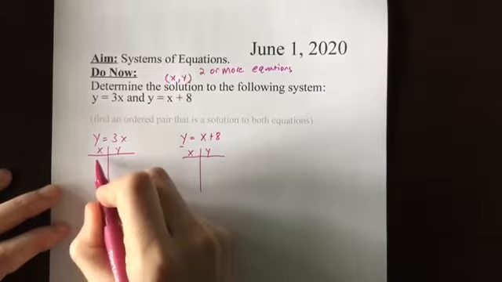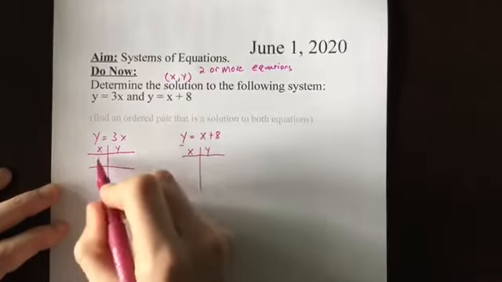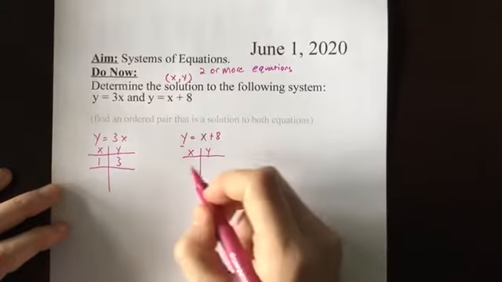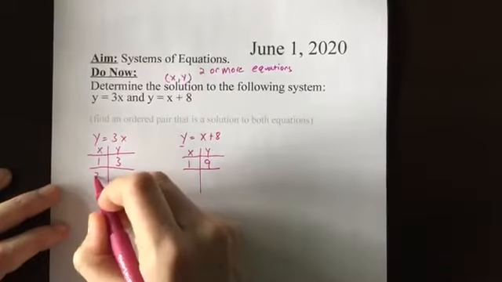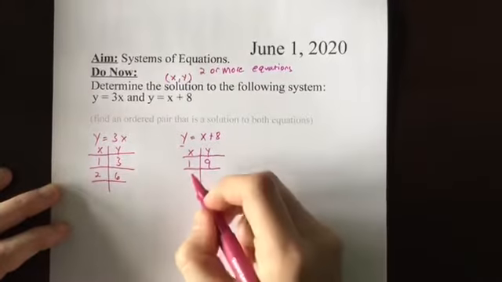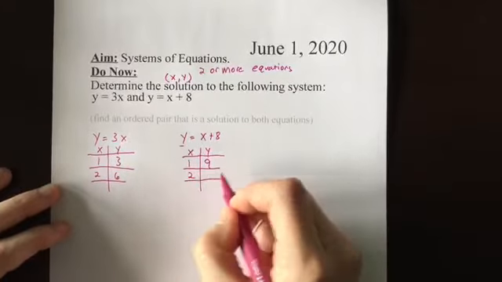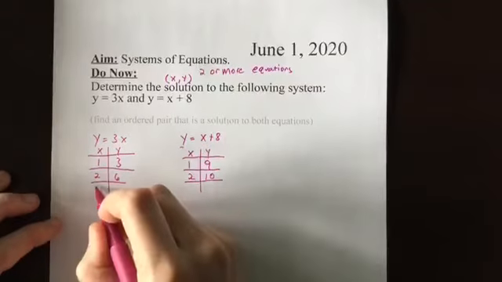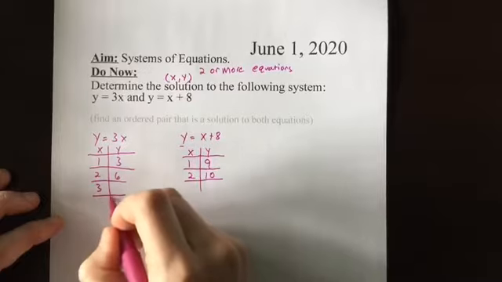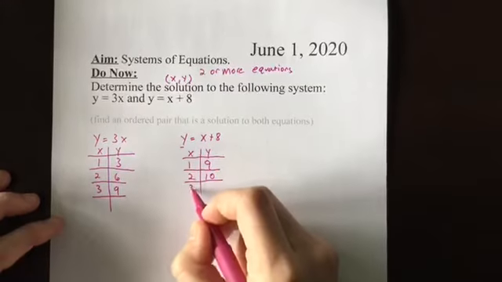So maybe I'll start with an x of 1. So here, x of 1, our y is going to be 3. X of 1, our y is going to be 9. X of 2, our y will be 6. X of 2, our y would be 10. I'm just in my head substituting in. X of 3, our y would be 9.